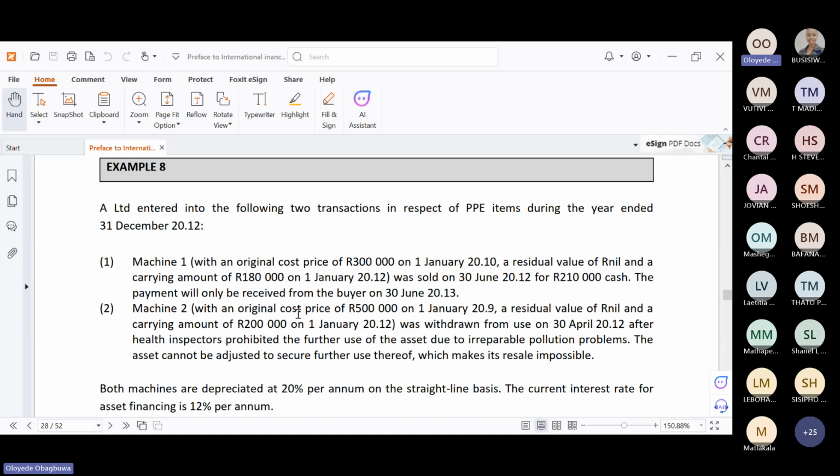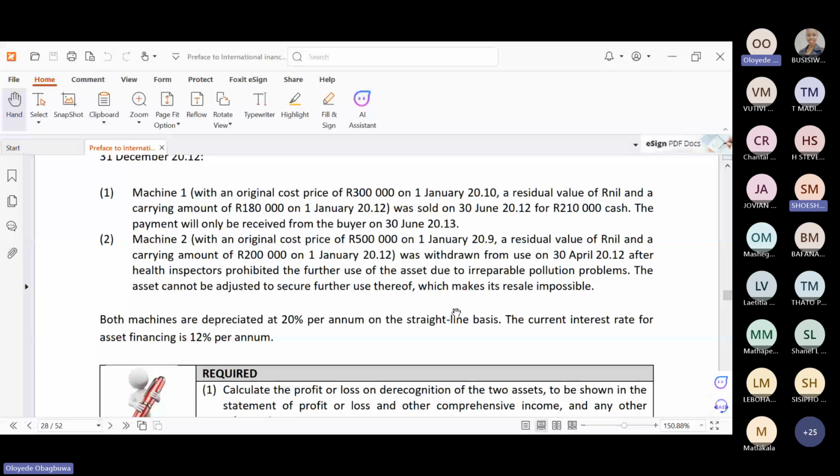The asset cannot be adjusted to secure further use thereof, which makes resale impossible. Both machines are depreciated at 20% per annum on a straight line basis.